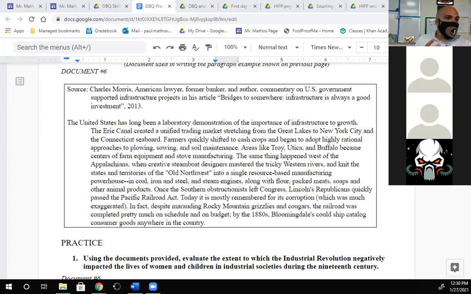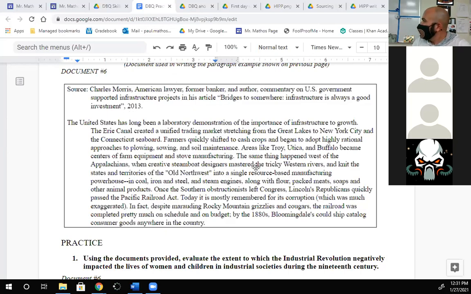Well, yeah, you're analyzing it based upon what you think is going to be best for this. So when I'm looking at this document, I'm not sure if I like using historical situation. 2013, I can look at all those things. I guess I can do it, but I'm not sure I know too much about this. Maybe I'll skip that. Maybe I can use purpose because this guy is a lawyer, a former banker, author, so he's probably got some money, or at least works with people who have money.